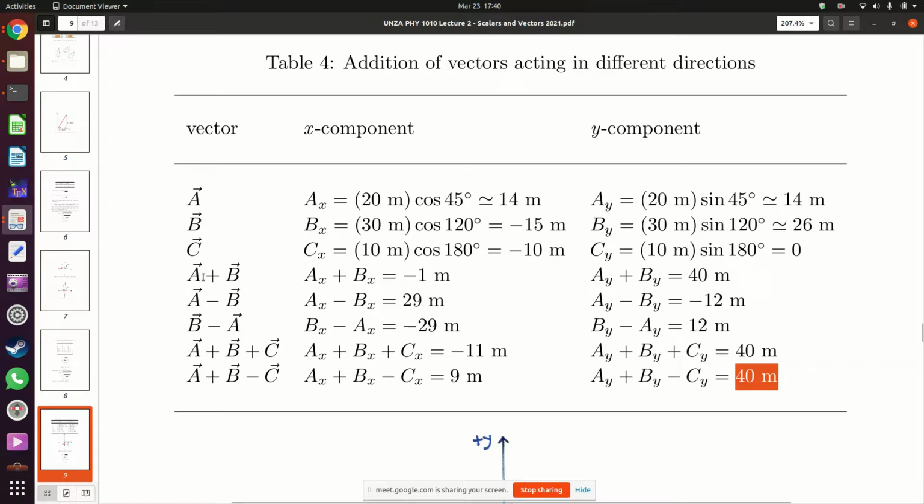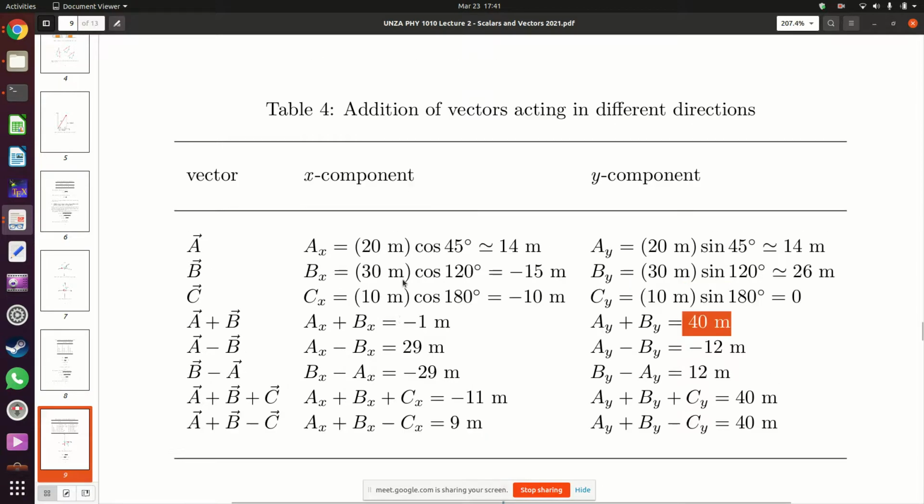You need to know how much the resultant is along the x direction and how much the resultant is along the y direction. You need to know these. For example, let's start with a plus b. We know along the x direction, a plus b is minus 1 meters. And a plus b along the y direction is 40 meters.